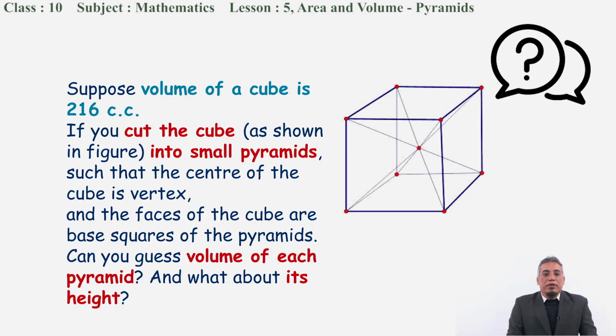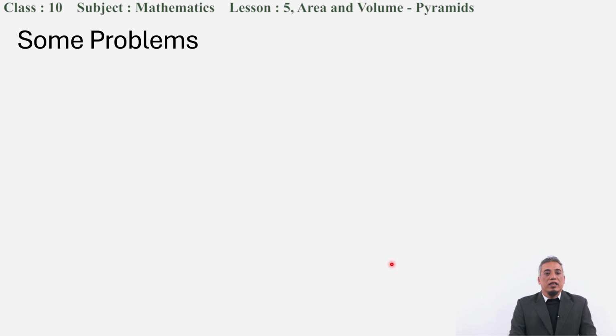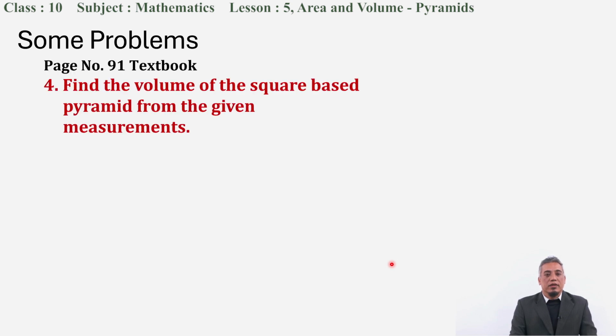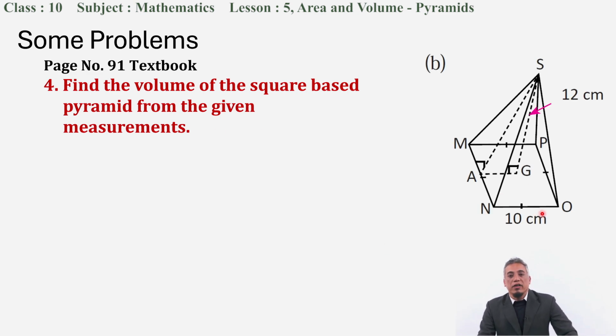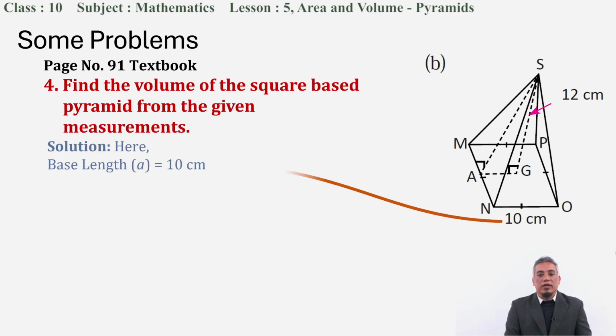Okay, now we take some problems. This question is taken from page number 91 of the textbook. The question says to find the volume of this pyramid. Here height is given and base is given.